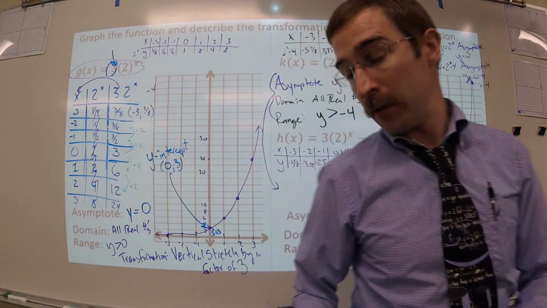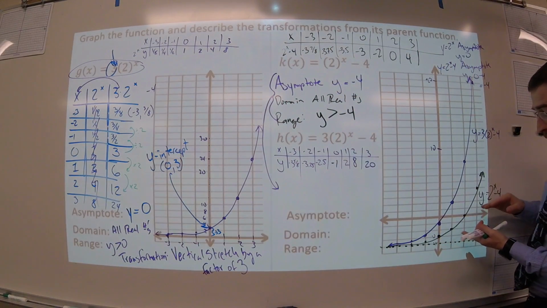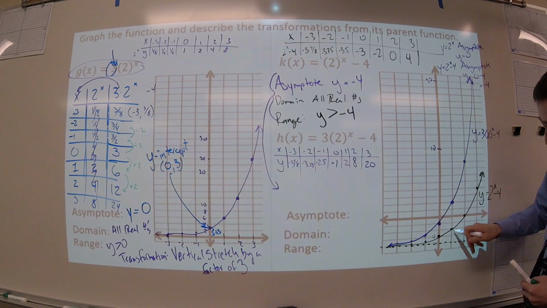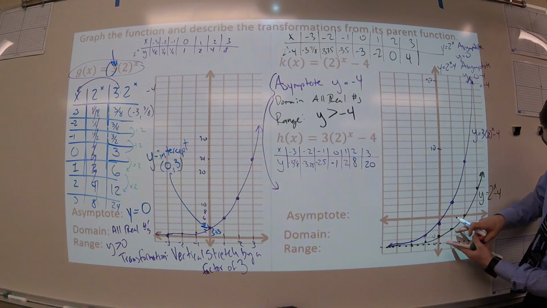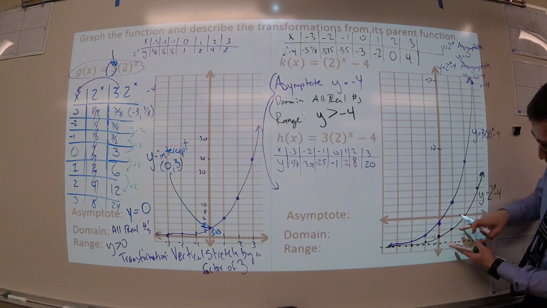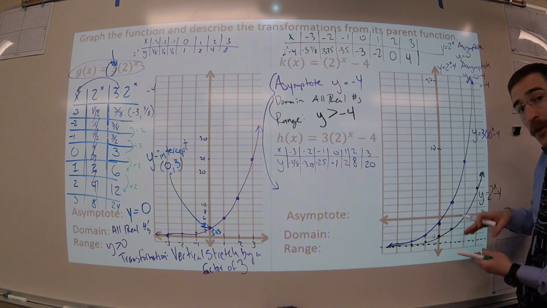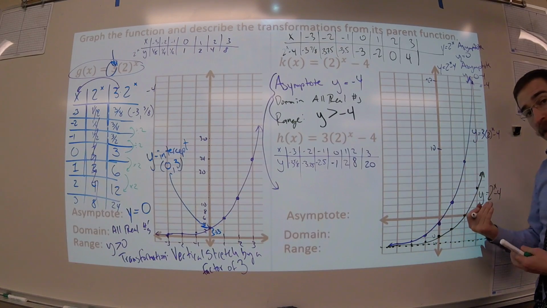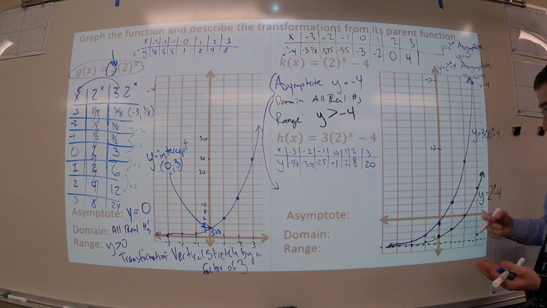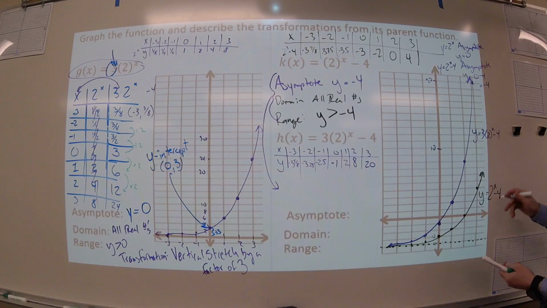Notice, y equals 2 to the x minus 4, this distance from the asymptote is 1, 2, 4, 8. The distance from the asymptote is doubling. As x gets bigger by 1, the distance from the asymptote doubles. So, here, as x goes 1 bigger, this distance goes times 2.